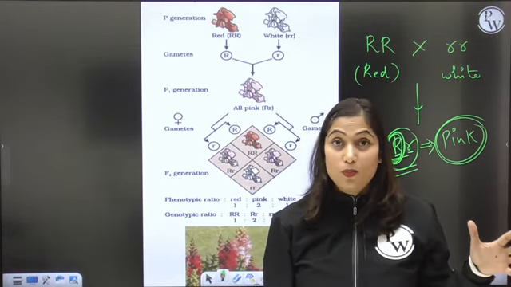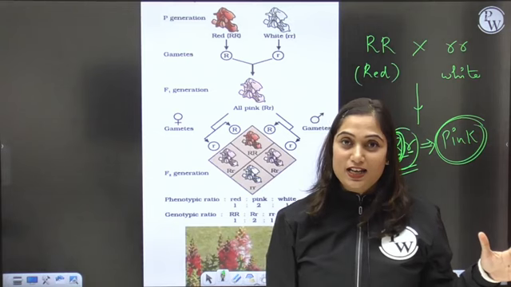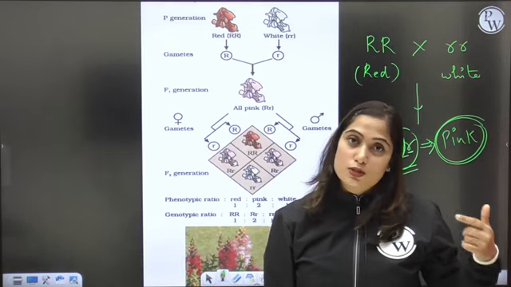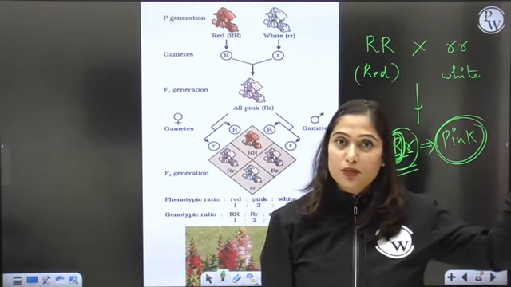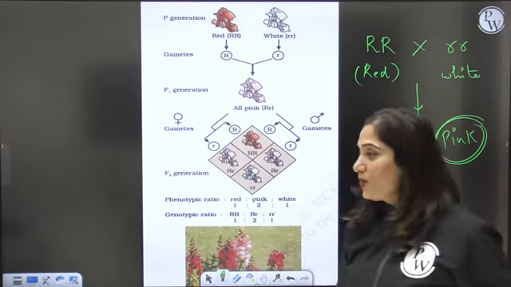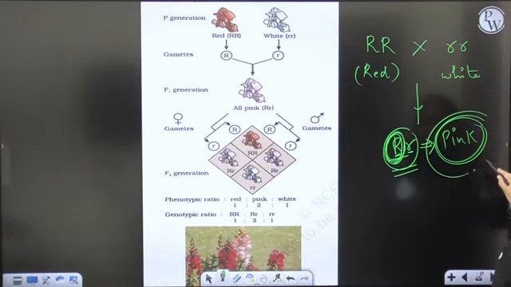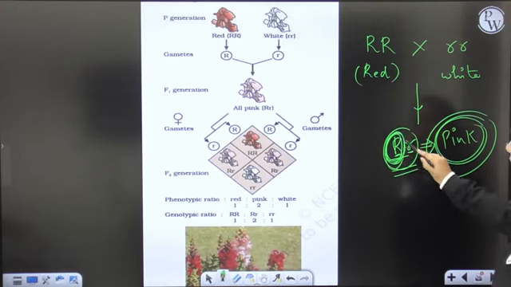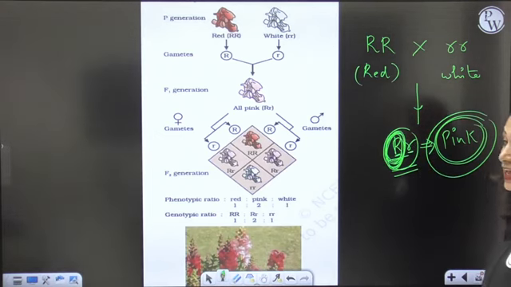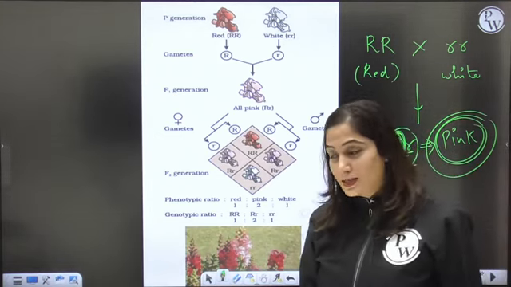Right? There was no blending in Mendelian inheritance. Capital T, small t were also 10 centimeter long, and capital T were also 10 centimeter long. But here you are getting the intermediate condition, that is pink. That means this is not a completely dominant allele, and this is incomplete dominance.